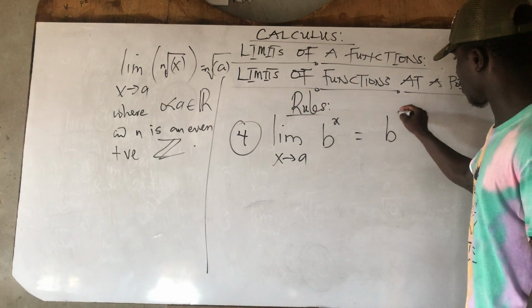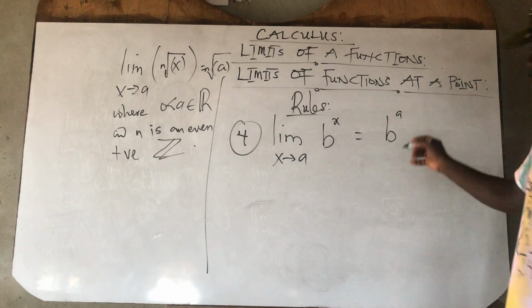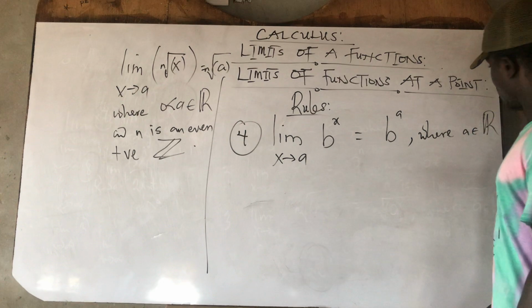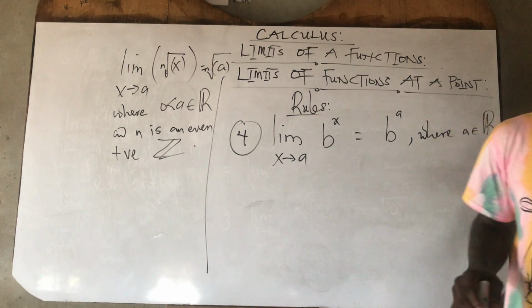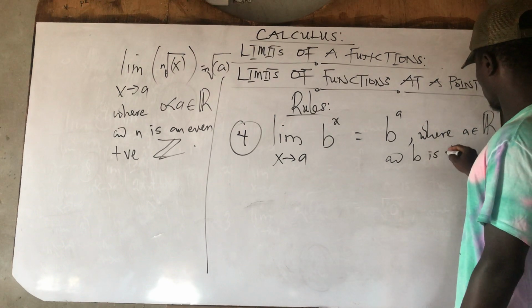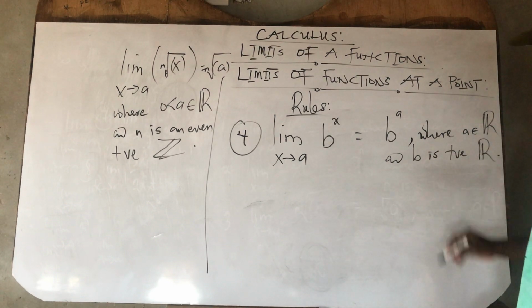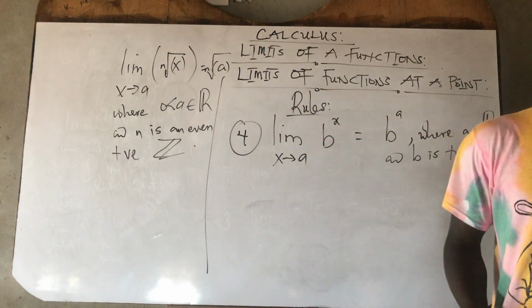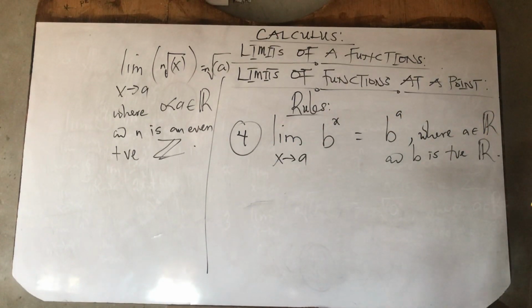So I'll get b to the power a, where a is a member of the real numbers and b is a positive real number.